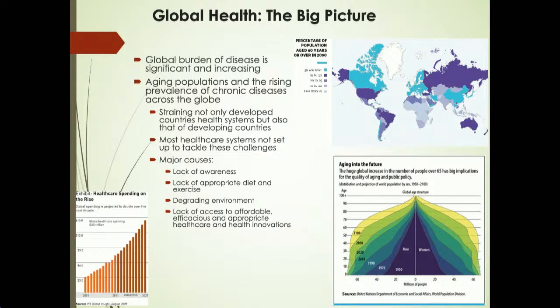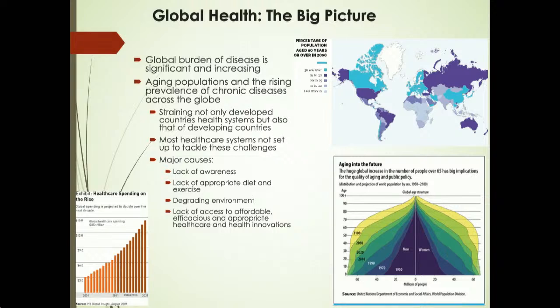So looking at the big picture, I'll close out in a few minutes here. If you look at global health, it's an aging population all across the board for the most part. It's the chronic diseases, and those are like a twin tsunami, right? That is coming to India, has already come to India.